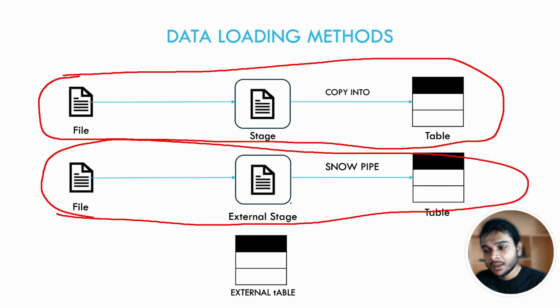the table. But what's special about Snowpipe is we don't run it manually, we don't schedule it. We define the external stage and the table for that Snowpipe. Whenever a new file is uploaded into the external stage, the Snowpipe will automatically get triggered and copies the data inside that particular new file into the table.